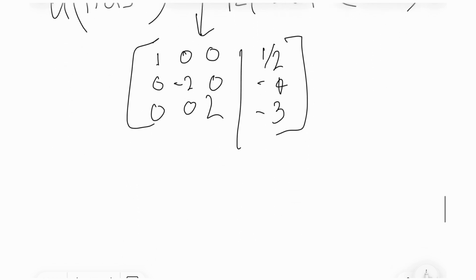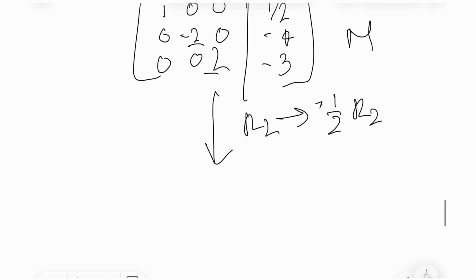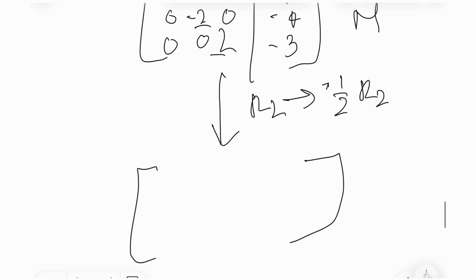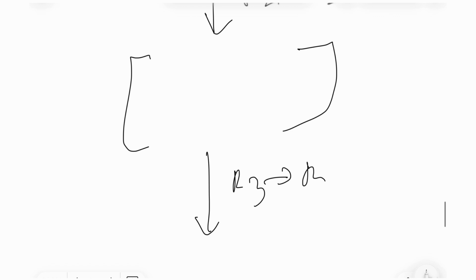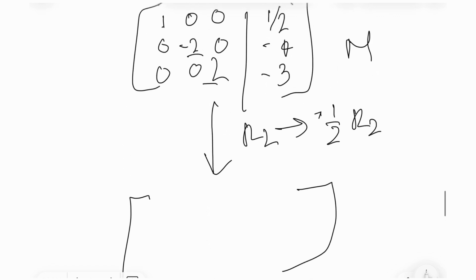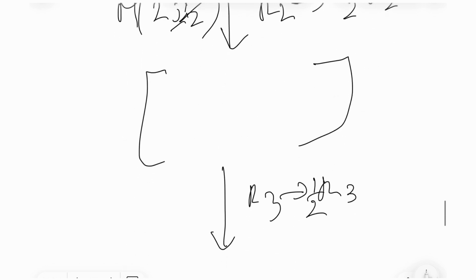We're pretty close. These just need to be 1. I mean, we have a pretty simple rule to do that. M. Multiply this by R2. It's now minus a half of R2. And let's just directly write the next one. R3 is half of R3, right? Multiplication, we're taking the second row, halving it, minus halving it. Again, third row, halving it.